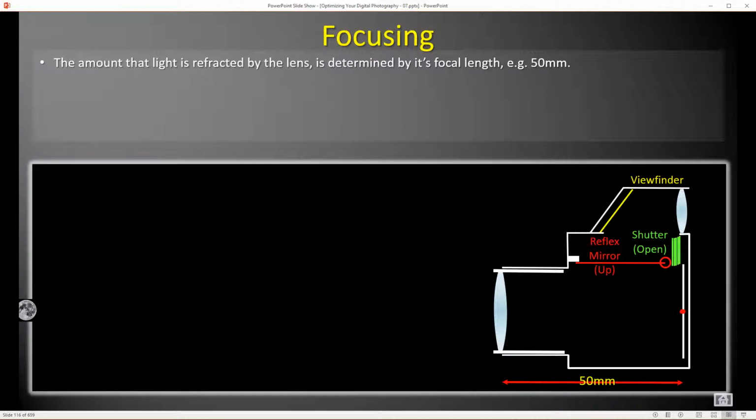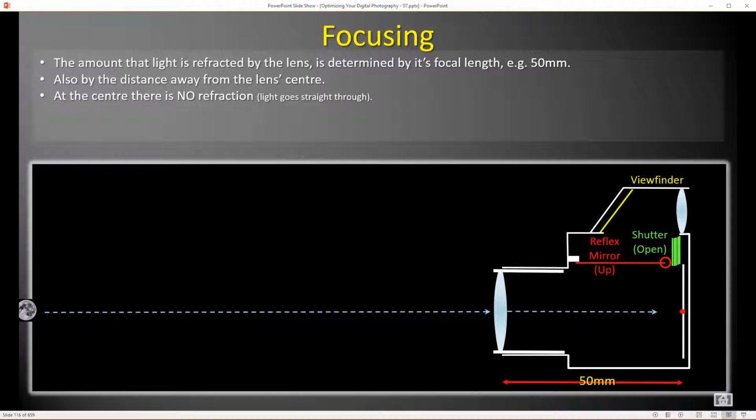So the amount that light is refracted by the lens is determined by its focal length, and also by the distance from the lens's center. Okay, so light going through the center of the lens isn't refracted at all.